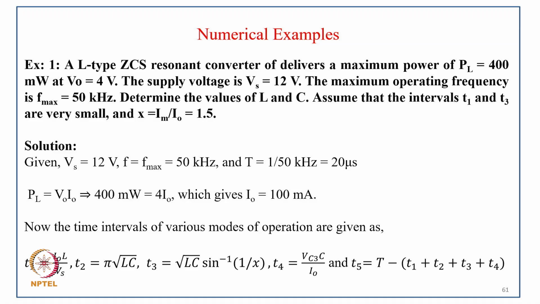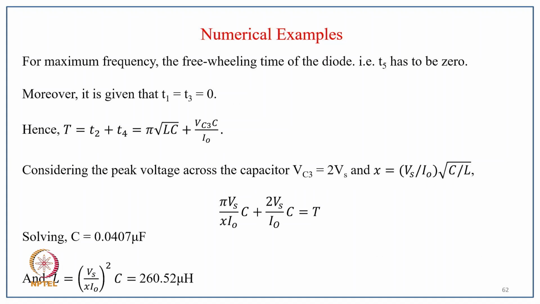Now the time intervals of the various modes of operation are T1 equal to I0 L upon Vs, T2 equal to pi under root LC, T3 equal to under root LC sin inverse 1 upon X, T4 equal to Vc3 C upon I0, and T5 equal to T minus in bracket T1 plus T2 plus T3 plus T4. For maximum frequency, the freewheeling time of the diode, that is T5, has to be 0.